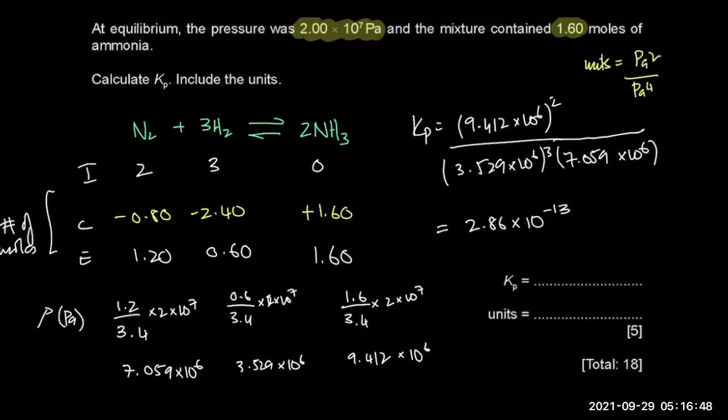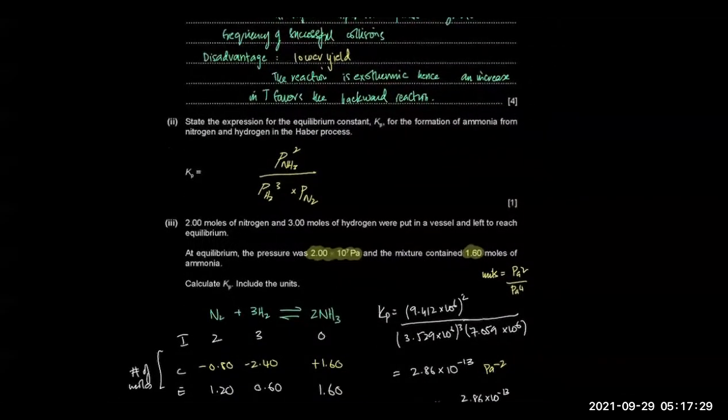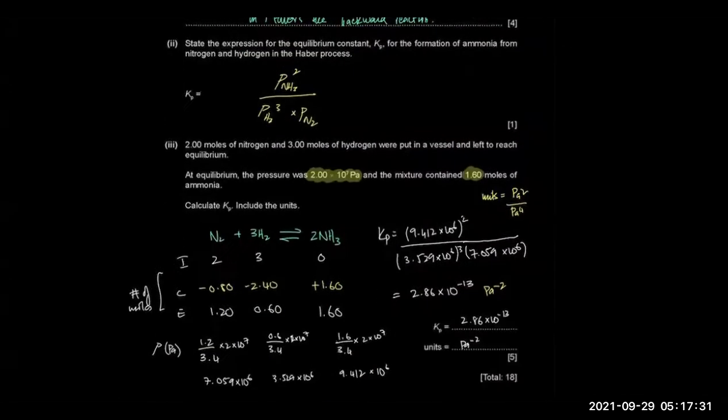You write the same units that are used in the question; it doesn't matter whether atmospheres or pascals. In this particular question, what did we use throughout? Pascals. So this will be pascals to the power of -2. So the Kp is 2.86 times 10 to the power of -13, and the units are 1/Pascal squared. Okay. But see, the ICE table is quite straightforward.